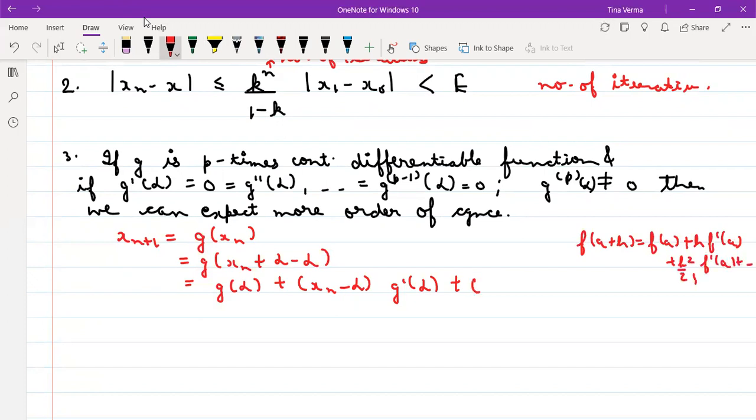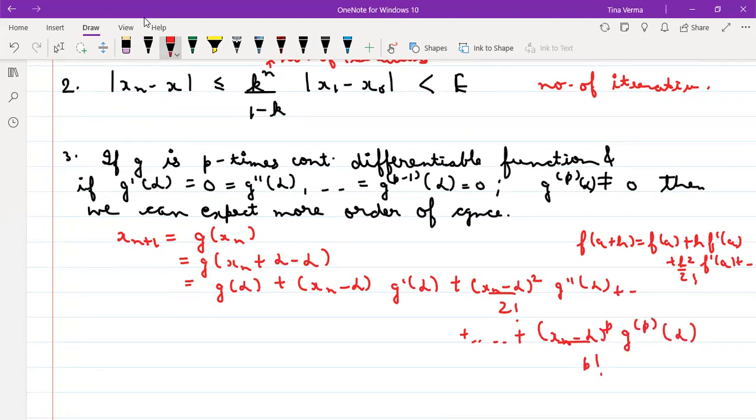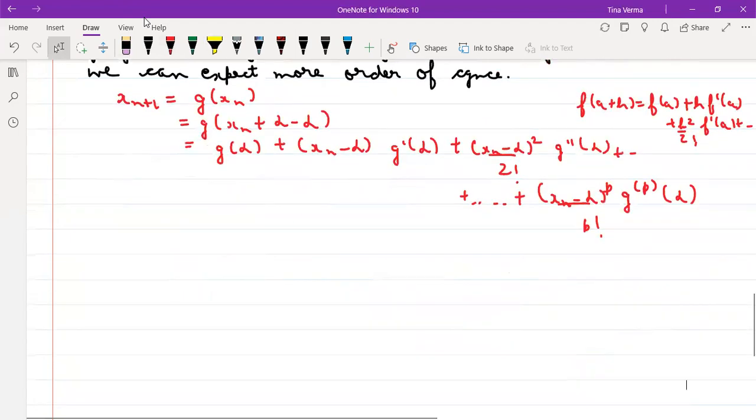The same I am applying, (xn − alpha) square by 2 factorial double derivative, and taking up to the pth derivative. So you will have (xn − alpha) to the power p by p factorial, the pth derivative at alpha. So you can notice here कि अगर आपका अल्फा जो है फिक्स्ड पॉइंट है, तो g अल्फा की वैल्यू क्या होगी?